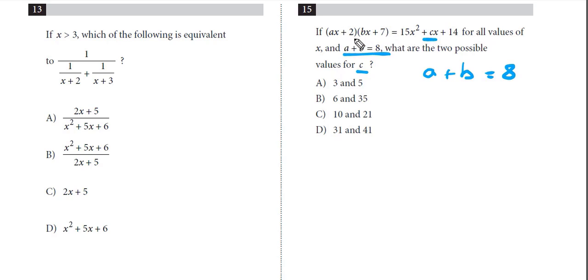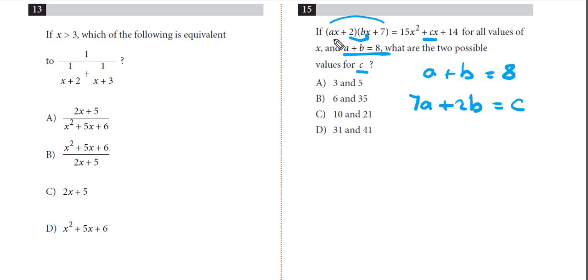Here, x we get from the following rule, the inner and the outer. Ax times 7 will be 7a. And 2 times bx will be 2b. Then this is the value of c, 7a plus 2b.